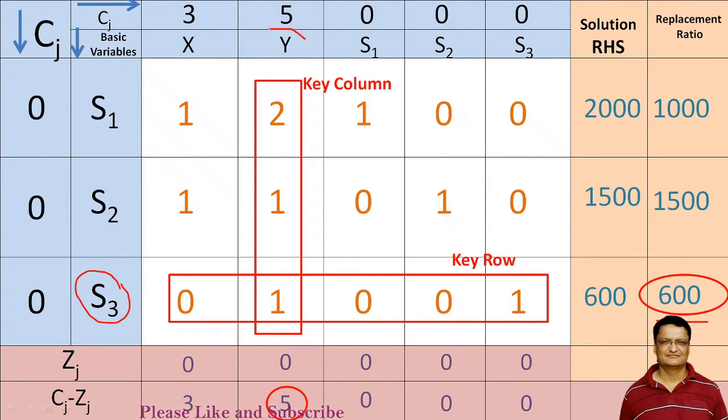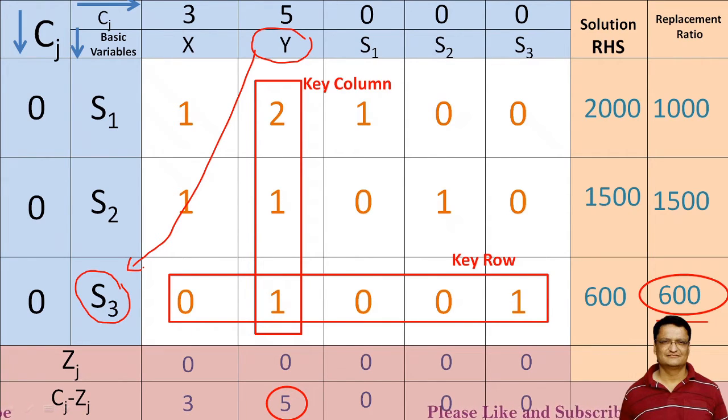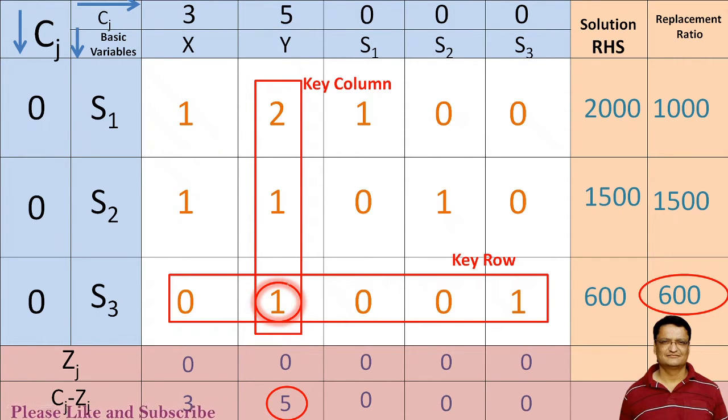So we have seen that y is the entering variable, so y will take the place of this S3. Okay, this is the meaning of all these things, right? And this element 1 is very important because we need it for computing the rest of the values. So this one I call the key number.